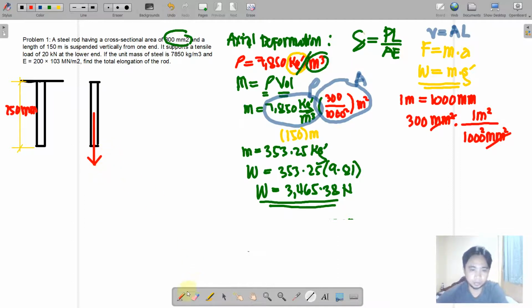In short, we have a downward force here acting on the centroid. And where is the centroid? At half of the dimension, of course. So let us illustrate that. We have here half the dimension.